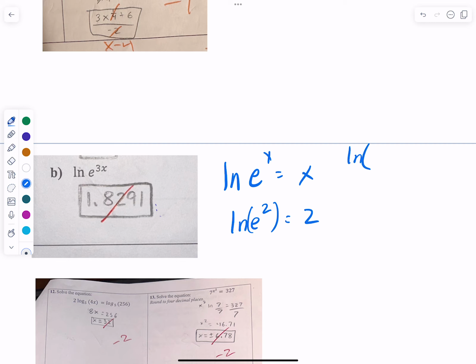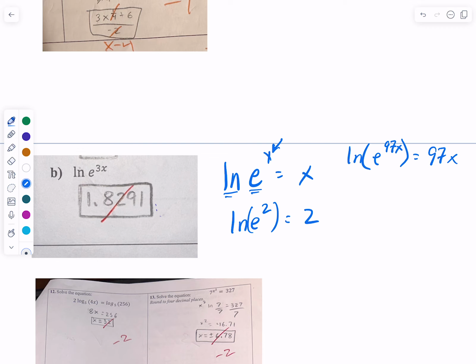The log of e to the 3x, that's just equal to 3x. Right? Because basically the log means to undo what the e did to that thing.